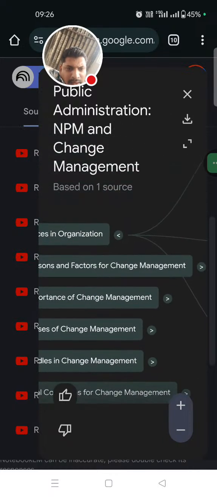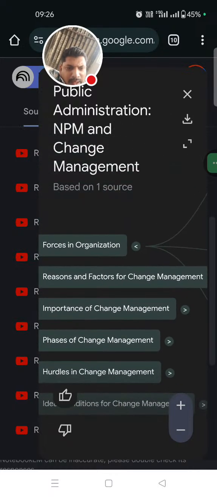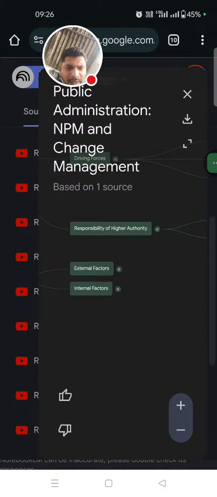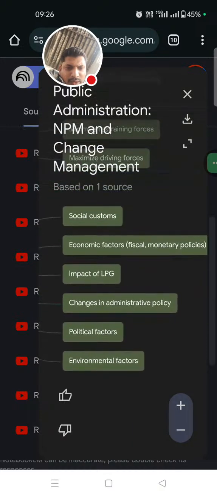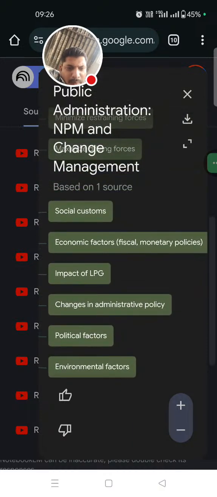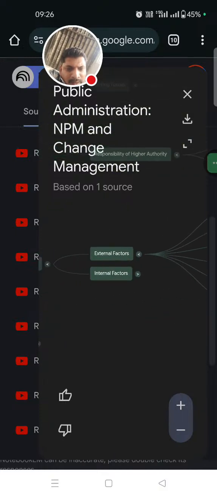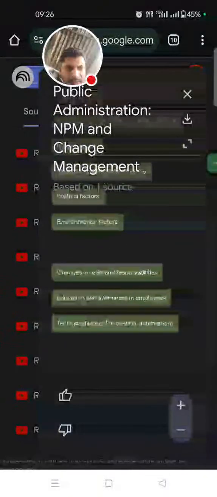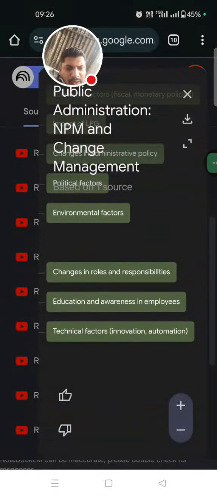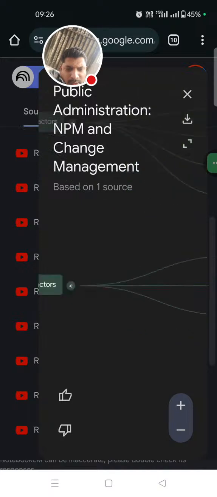Then the reasons or factors for change management. External factors are social custom, economic factors, fiscal and monetary policy, impact of LPG, change in administration policy, political factors, and environmental factors. Internal factors are change in role and responsibility, education and awareness of employees, and technical factors like innovation and automation.